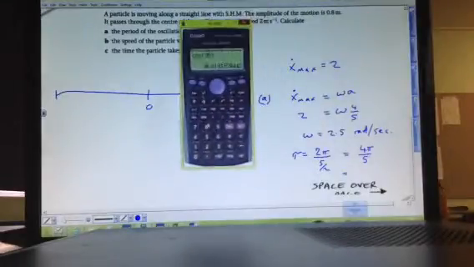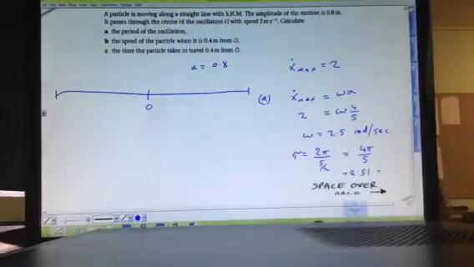So I've got a fraction button, 4 shift pi, over 5, get equals, SD it, and we've got 2.51. So 2.51 seconds it takes to do a full revolution. Everyone happy with that?